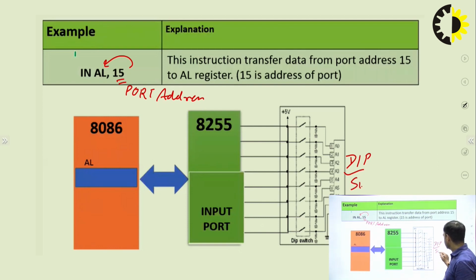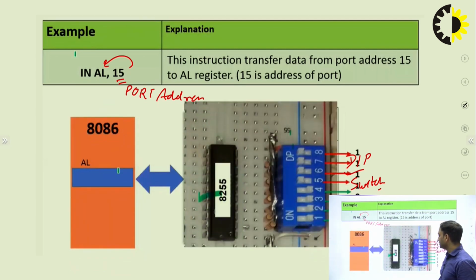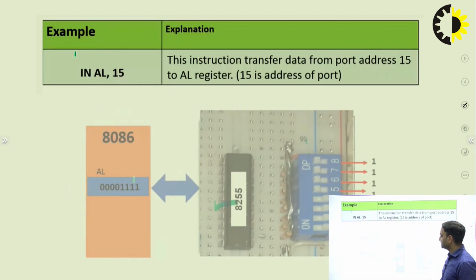So these are the switches, which can be connected at the different input ports. So we can replace this with some DIP, in which the switches are there. So these numbers, 1 1 1 and 0 0 0 0 0, can be represented here.